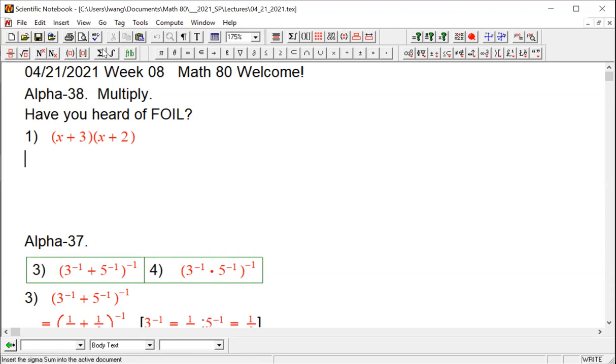We're going to do factoring eventually after alpha 38 in general, for quadratic and non-quadratic. But let's revisit the idea about FOIL. What is a FOIL?